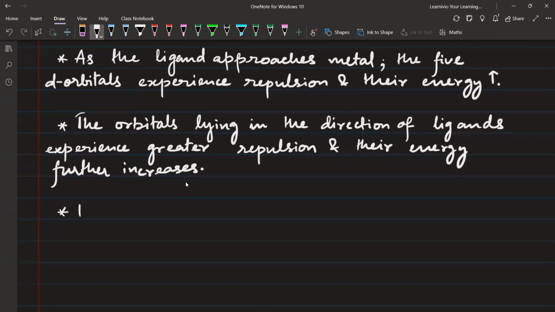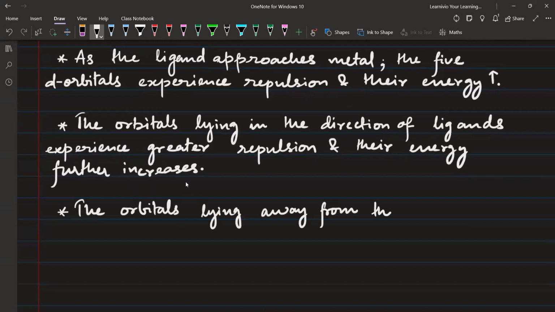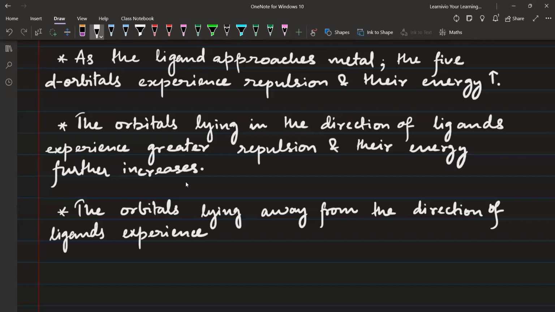The orbitals lying away from the direction of ligands experience lower repulsion and their energy decreases.